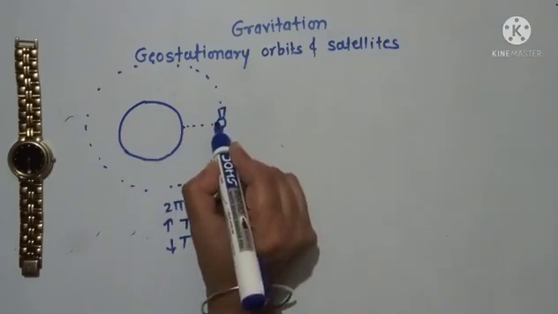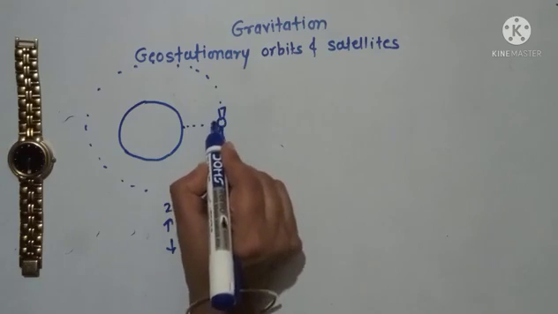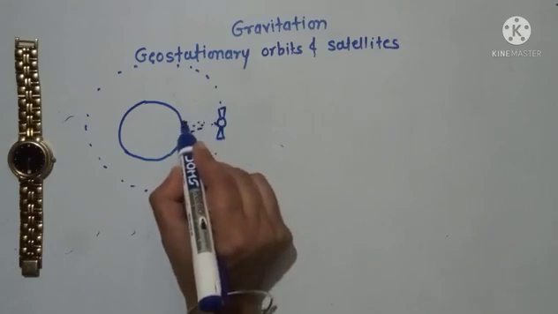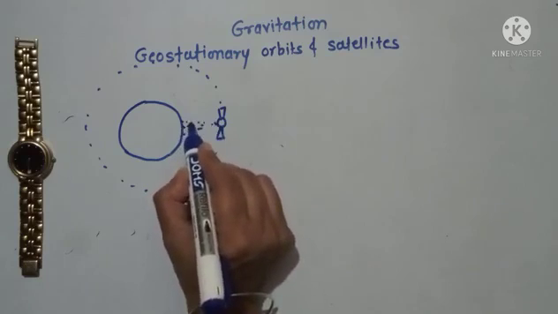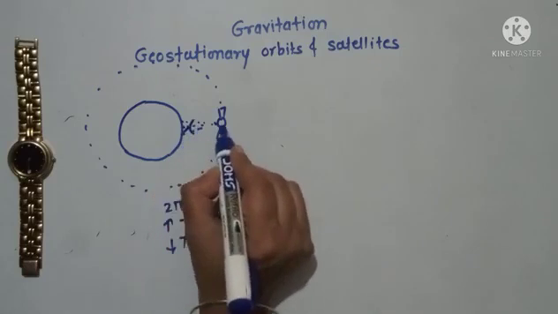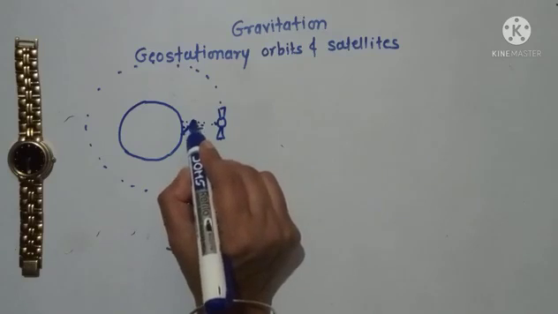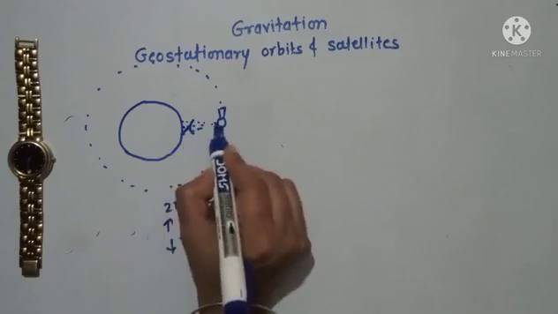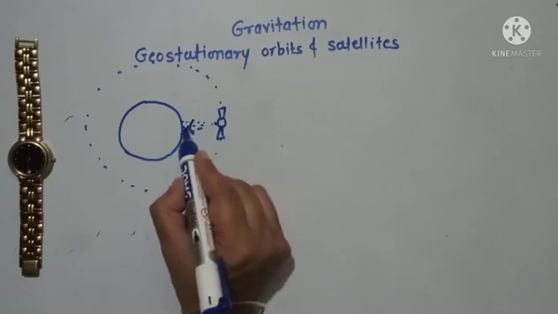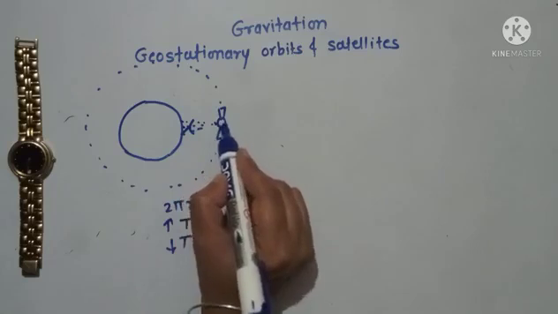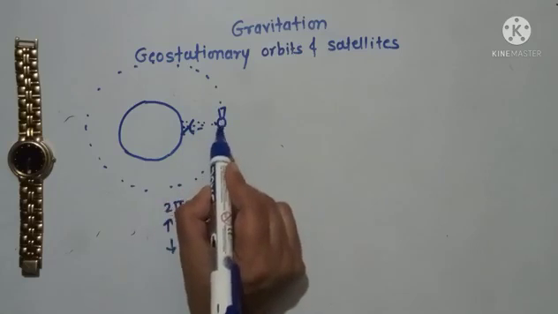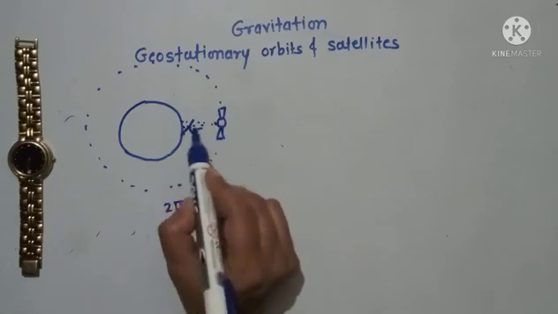This satellite is continuously sending data to the earth surface, and there will be a receiver over here, which I will draw like this. So this satellite should be stationary, and only then will the receiver collect the data the satellite is sending. Therefore, it should be stationary with respect to the earth surface.